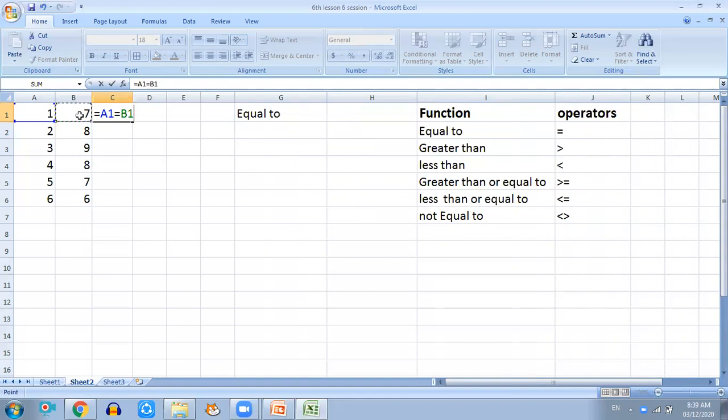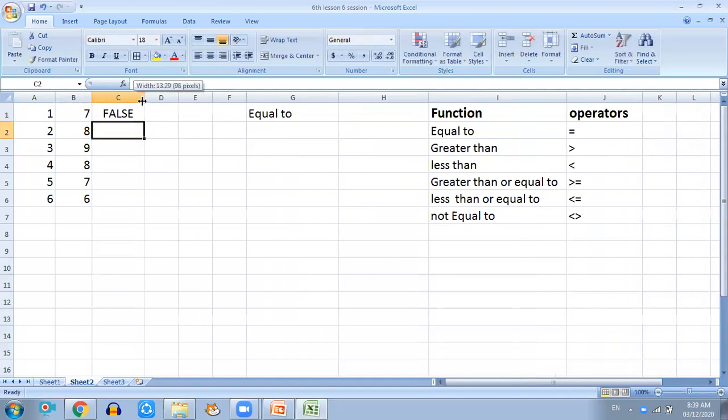So what answer will we get? It says false. It compared and shows us false. Why does it show false? Because 1 and 7 are not equal. So the answer is false.